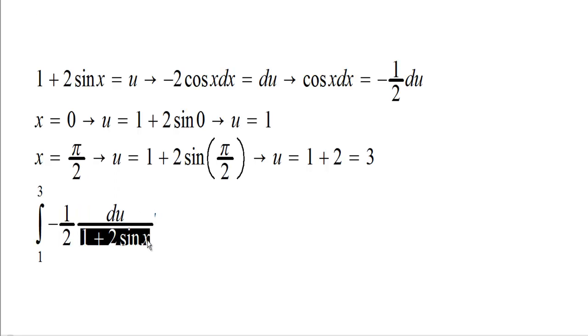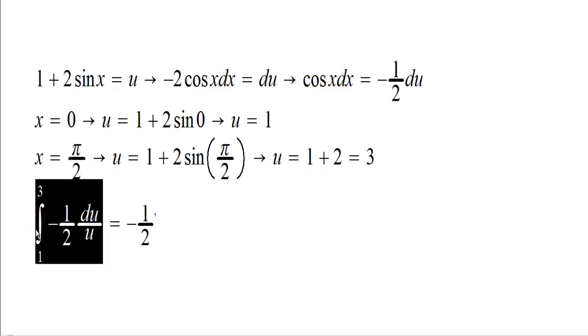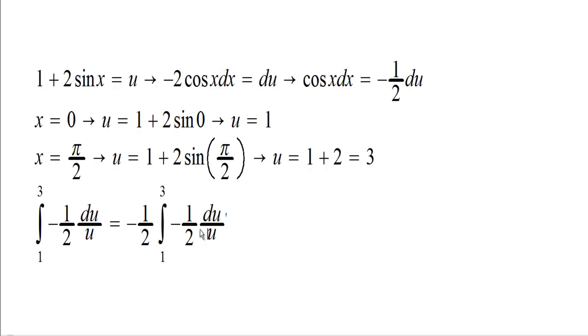And that's a u, right? Are we good? So that is negative, let's pull 1/2, where? Outside, right? And then we go, this is out, right? Negative, and then what? 1/2, and who is this integral then? Ln of what? Du, antiderivative of 1 over u is ln of u, right? Makes sense?